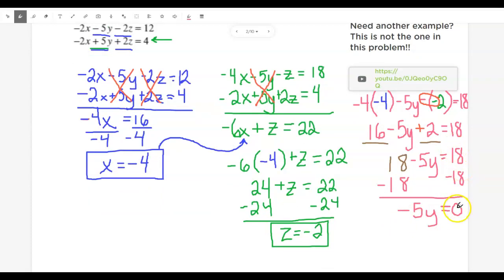We can have 0. What we're going to do is just divide both sides by negative 5, which gives us y equals 0. And that's how you solve a system of equations algebraically.